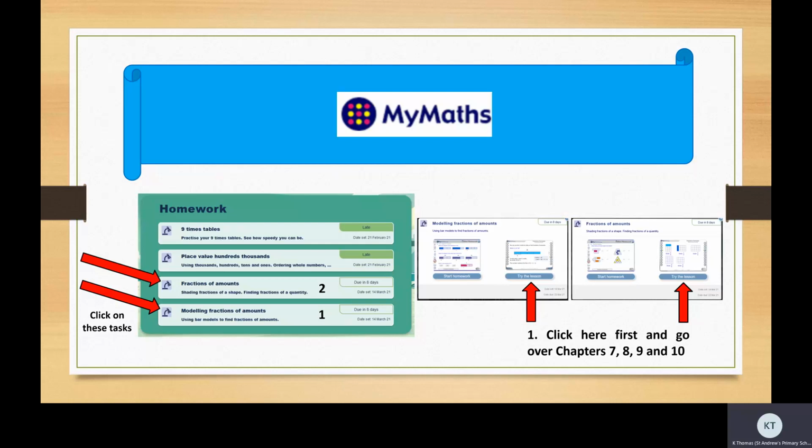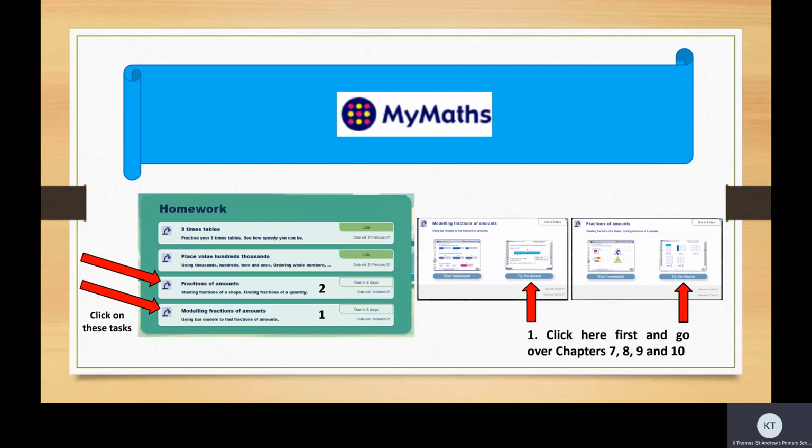Now look at this slide. This is just another reminder that when you log into My Maths, before you start today's task, you can also click on modelling fractions of amounts. Look, I put number 1 next to that. If you go on that task first and click on try the lesson, remember you are looking to go on to chapters 7, 8, 9 and 10.